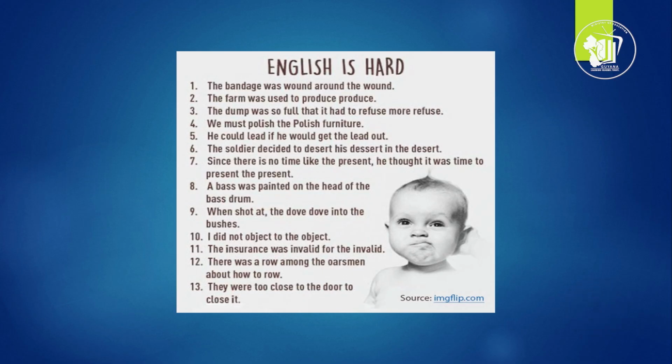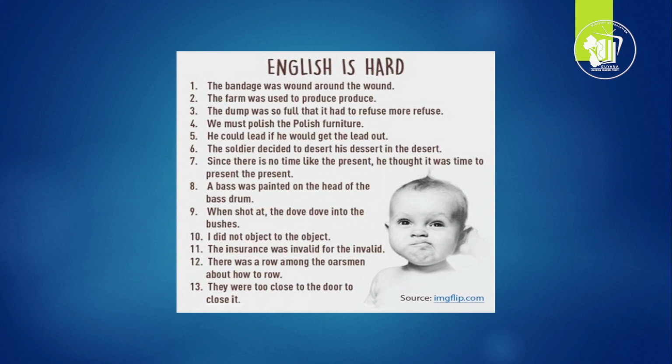Let's look at another one which says, "I did not object to the object." Here again, we have the word object functioning in 2 different ways. So, yes, we can say that English might be hard. However, if we pay keen attention and we understand the rules, we can see that it is not as hard as we might think.